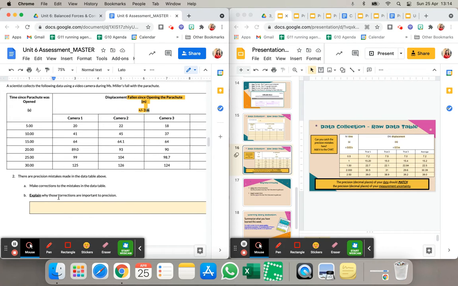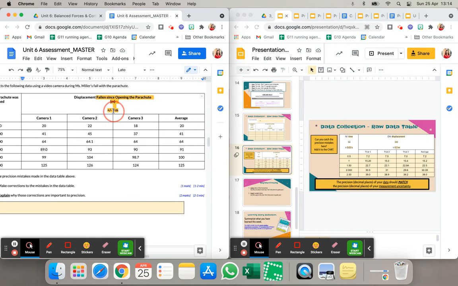Several people got this point. The second point in this one was trying to explain why that needs to be true. It's a little bit of an inference. It pushes on your understanding of what measurement uncertainty is. We know this is how accurate, or how precise, I should say, our measurement can be, well, then none of our data could possibly be more precise than that, because we've already established this is how uncertain we are, plus or minus 3 meters.